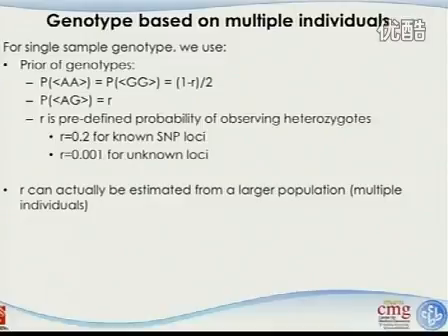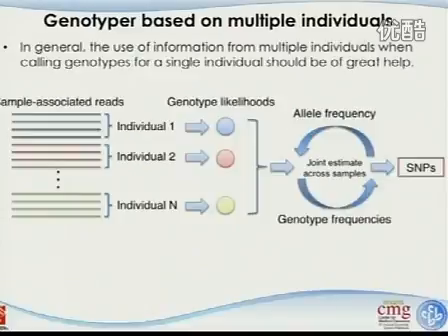Of course, it's another prior, another Bayesian type of approach, but it's more accurate. It uses more information to derive this R. In general, the use of information from multiple individuals when calling genotypes for a single individual should be of great help.